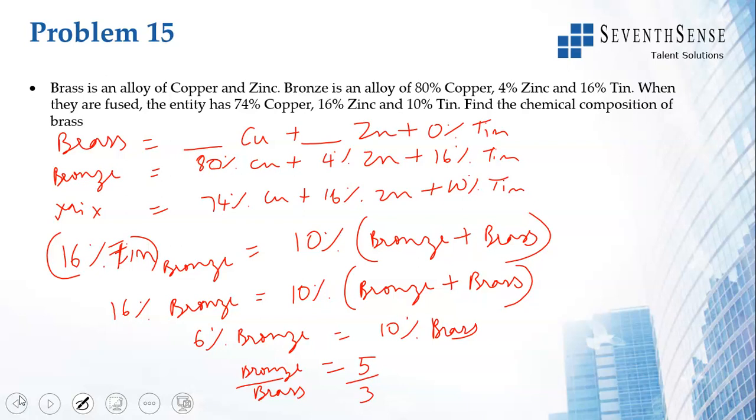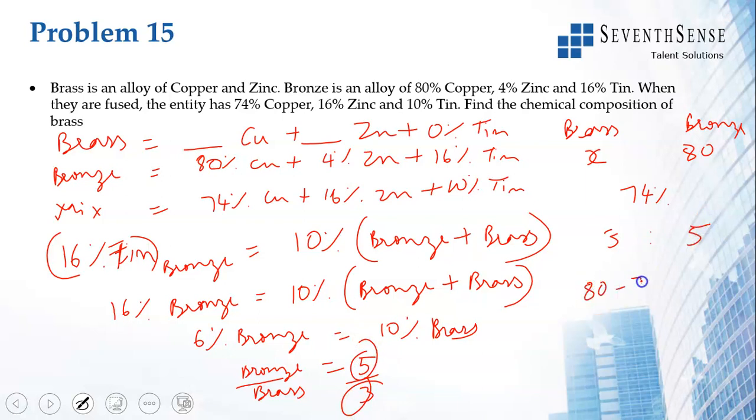X is brass, this is bronze. If bronze has 80% copper, the resultant is 74% copper. Brass is 3, bronze is 5, in the ratio 3:5.